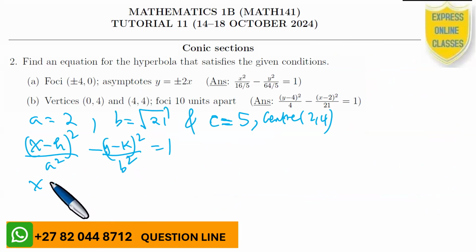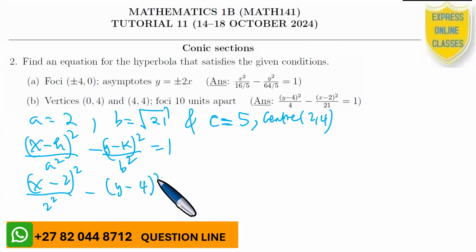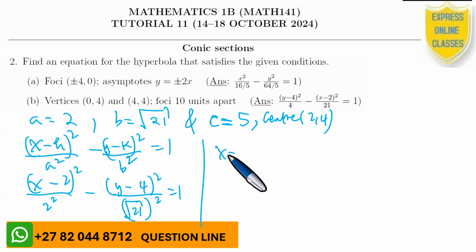Now we're going to put here for the axis 2, but it's like it's the other way around. A is going to be like 2 squared. Something I need to check here. The y, and then the b is the square root of 21. You square it, which means x minus 2.